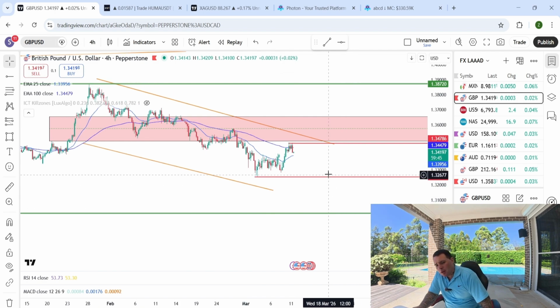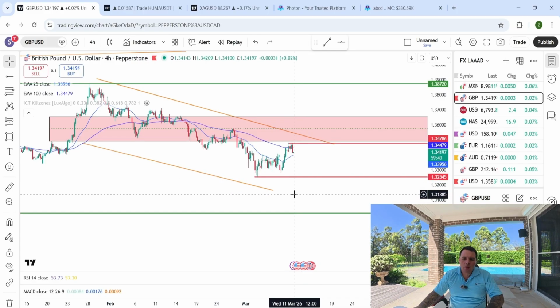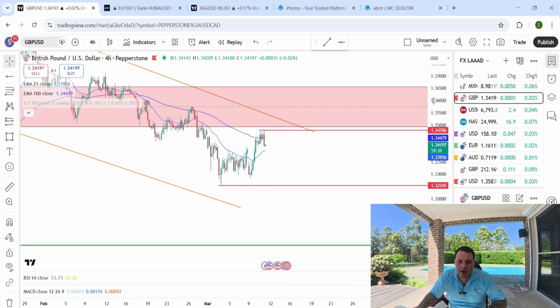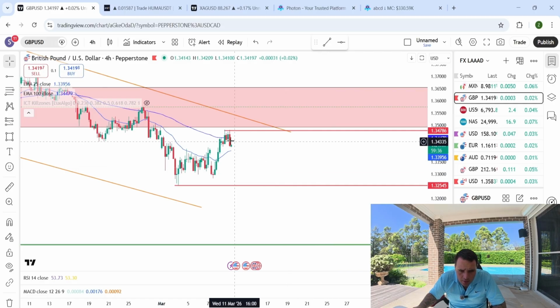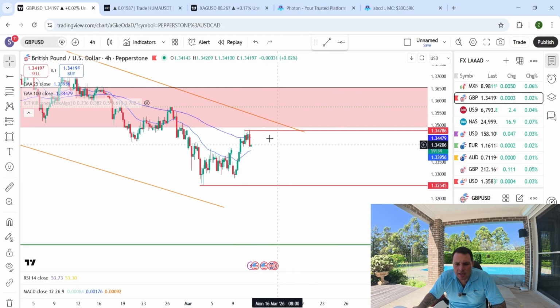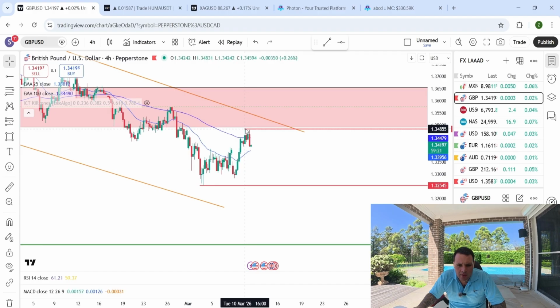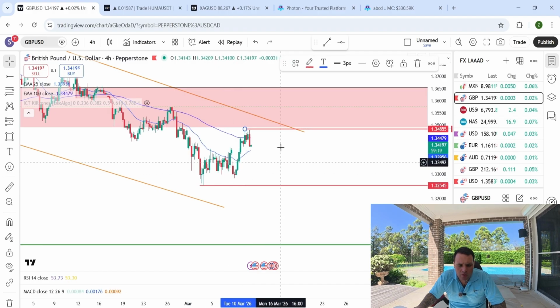So for this trend to continue down, we need to break this lower low. So that is a point of interest for us. This currently is now the new lower high. We do need a confirmation through this strong bullish move though. So we have now marked out lower high and lower low of the 4-hour.